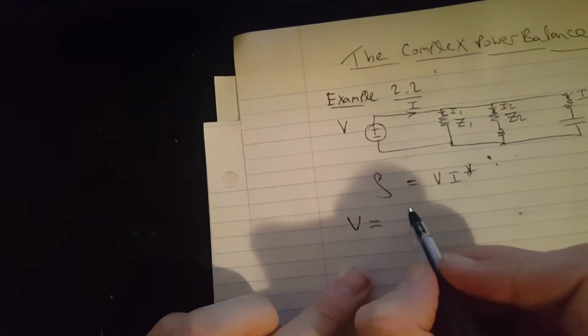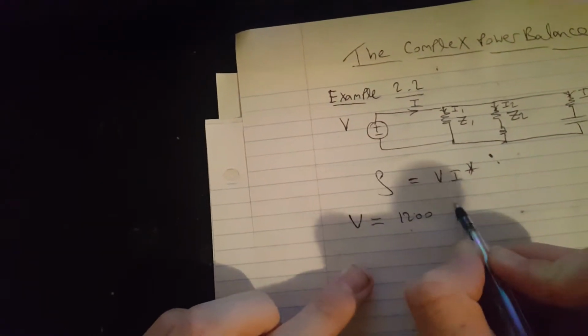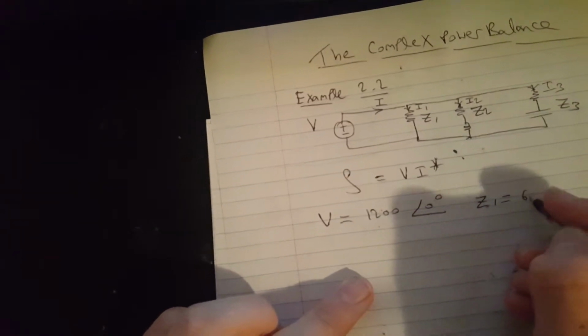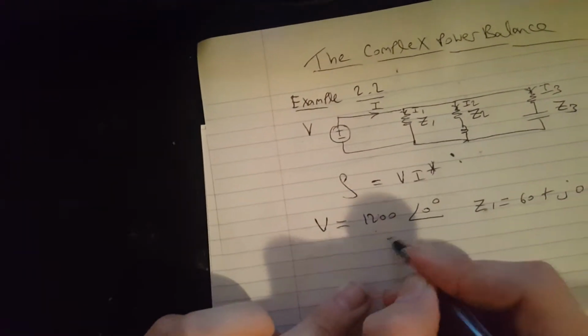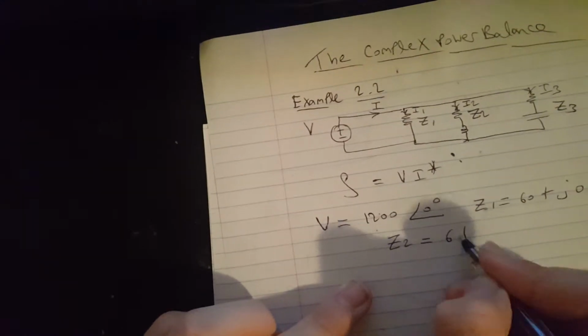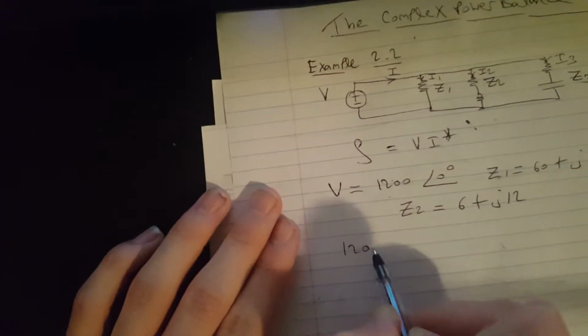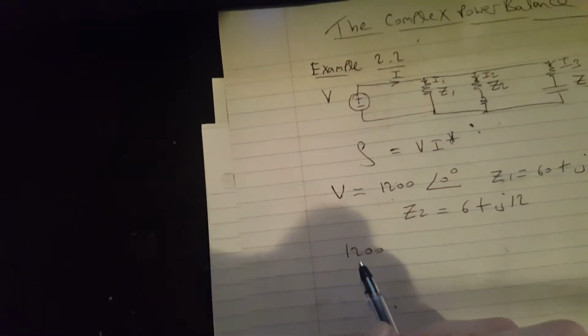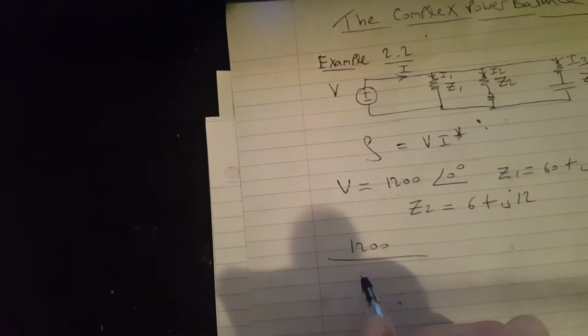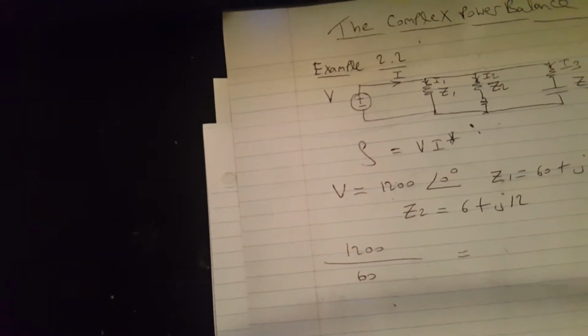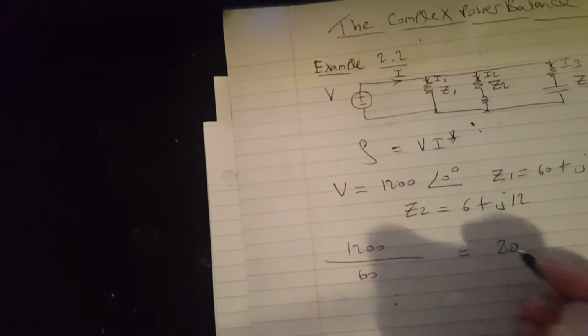So the voltage is equal to 1200 with an angle of 0 degrees. And Z1 equals 60 plus j0, and Z2 equals 6 plus j12. So you want to find current. So you just do 1200 divided by 60. It'll give you 20, right?